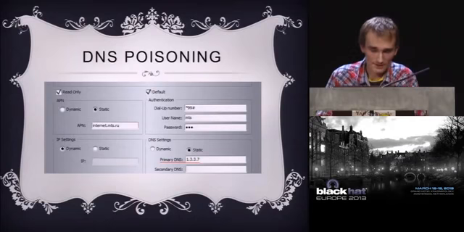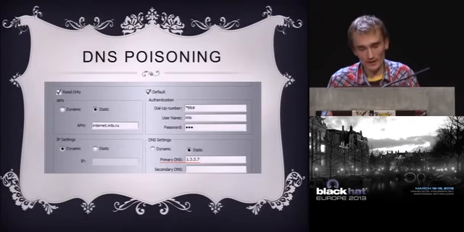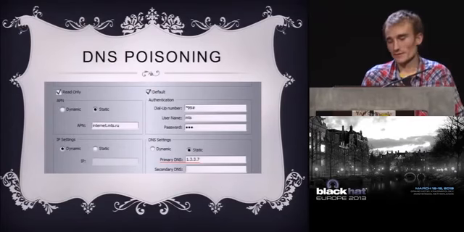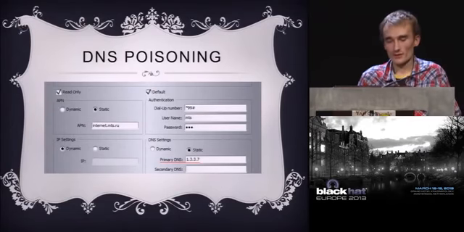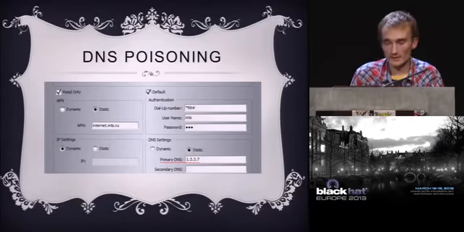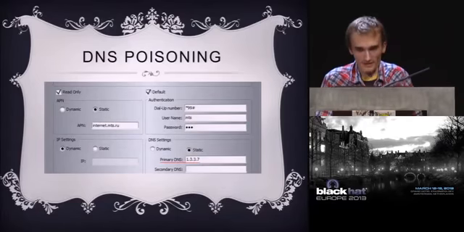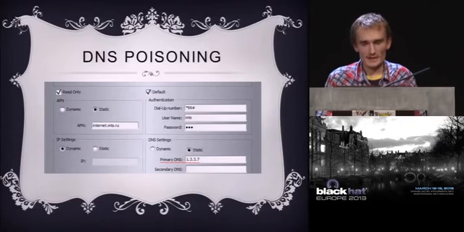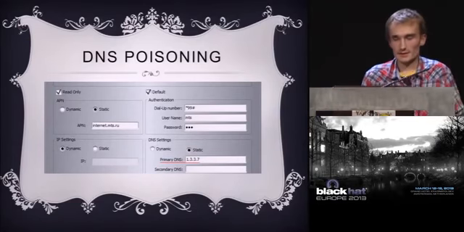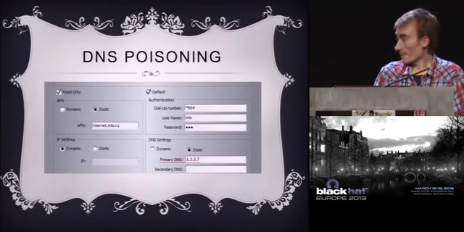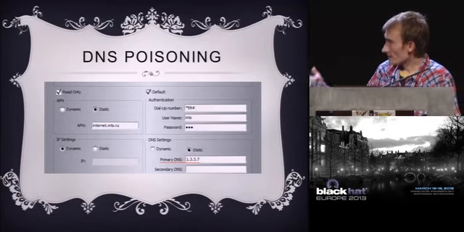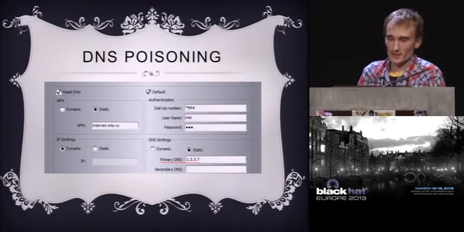Then DNS poisoning, it's kind of higher level, you just redirect all traffic on your website, on your IP. In fact, it's very easy by now, because there are unlockers that, as you see, have a nice graphical user interface.